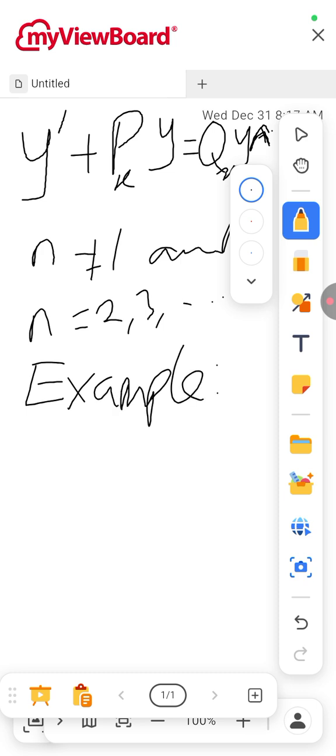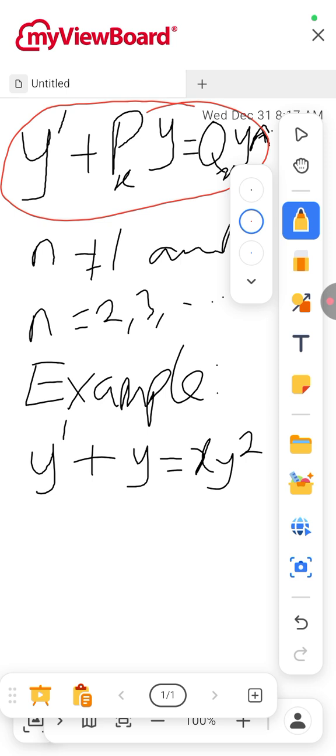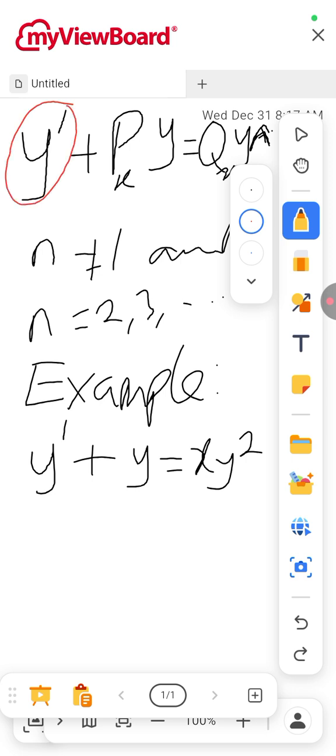Let's say we have to solve this DE, which is dy/dx plus y equals x y squared. When I look at this question, does it look like the general form that I wrote above? Of course it does, because from the general form there is a derivative of y, which is also here.